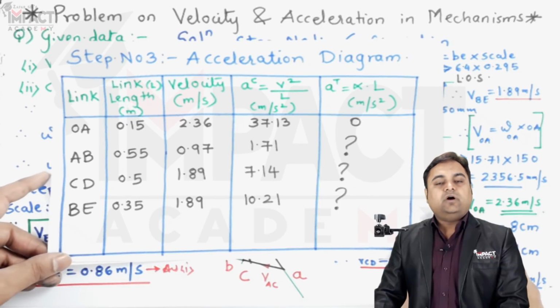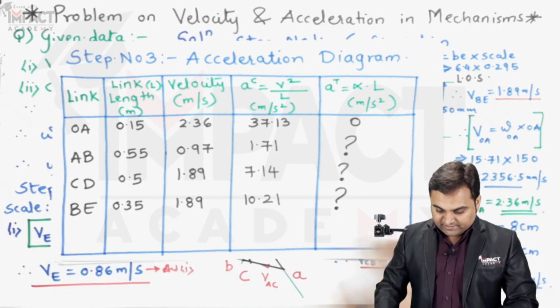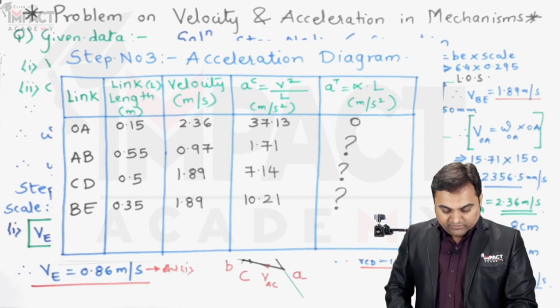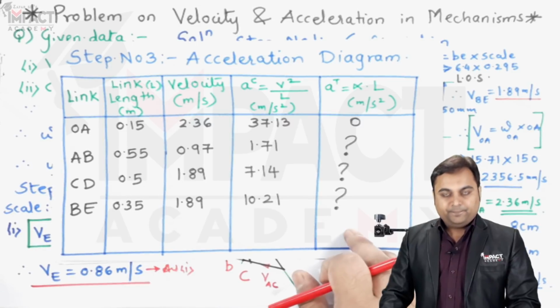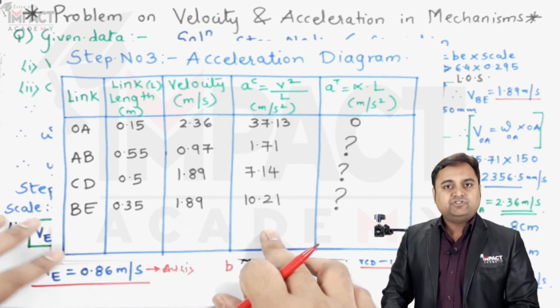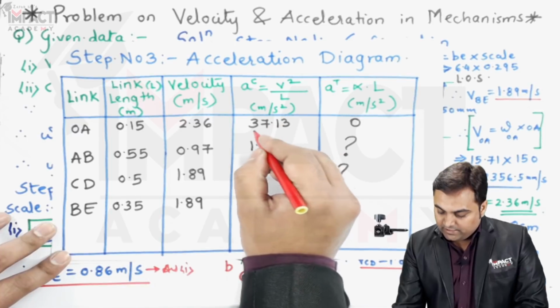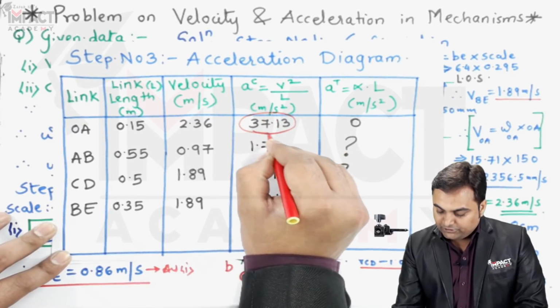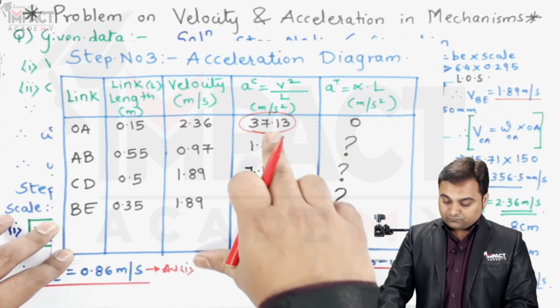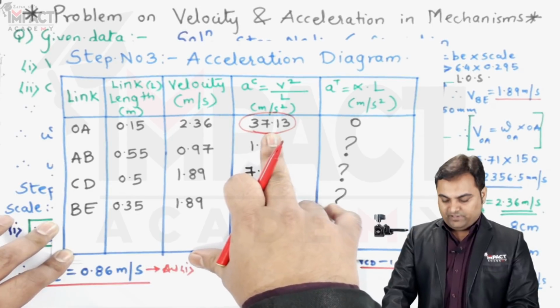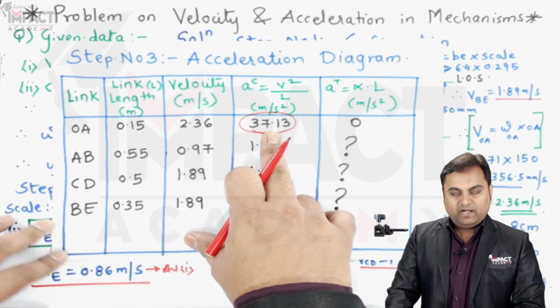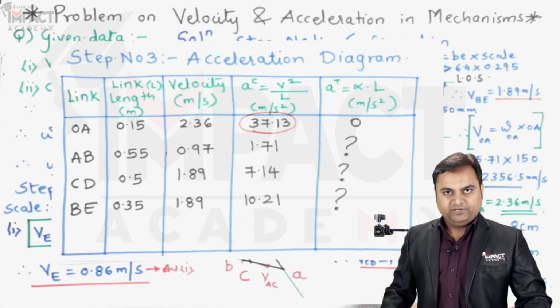I'll first explain how to get the scale for the acceleration diagram. Remember, whenever we are drawing an acceleration diagram, check for the major dimension or the maximum value. Here I am getting 37.13 as the maximum value, so this would be the reference for me, and I am going to fit it in 8 centimeters.